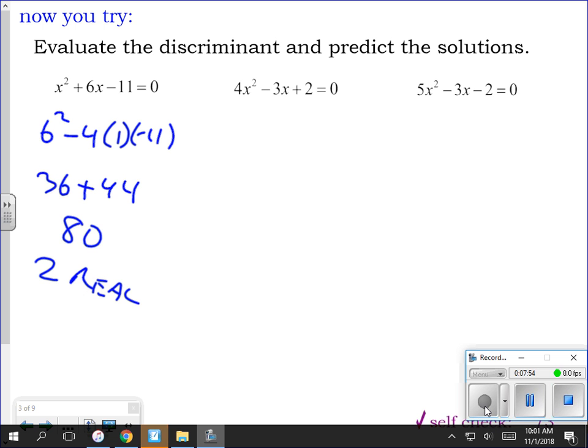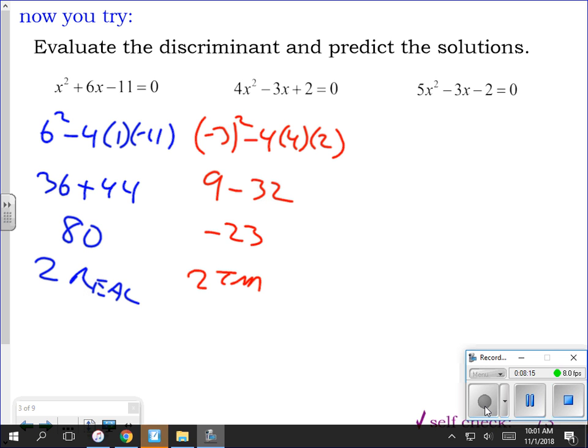Next one, I have negative 3 squared minus 4 times 4 times 2, which is 9 minus 4 times 4 is 16 times 2 is 32, which is negative 23. So I have two imaginary solutions.